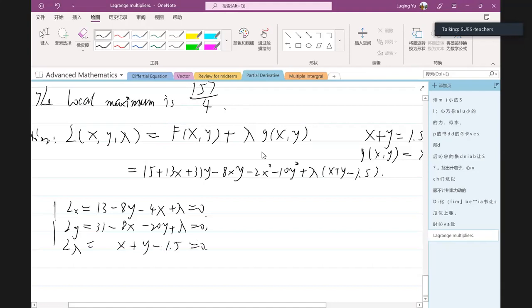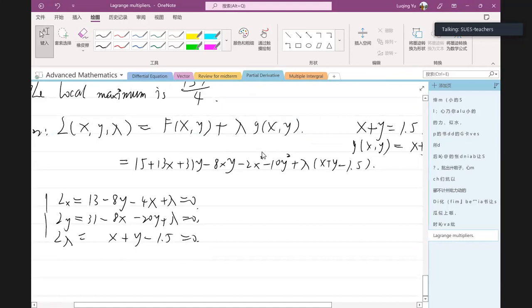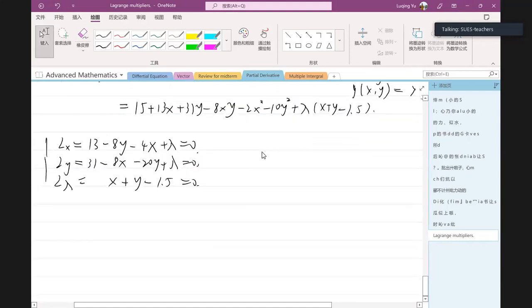When you see this type of question, what you can do is take Lx minus Ly.